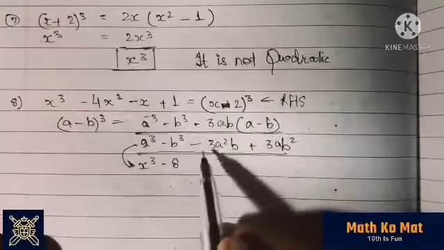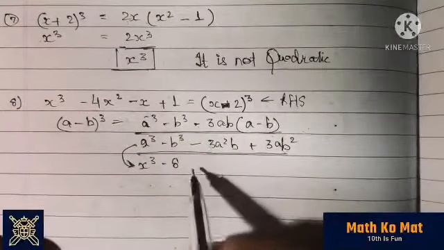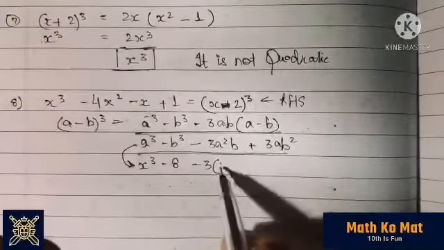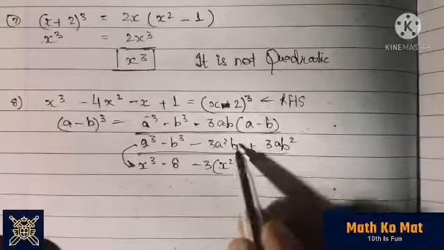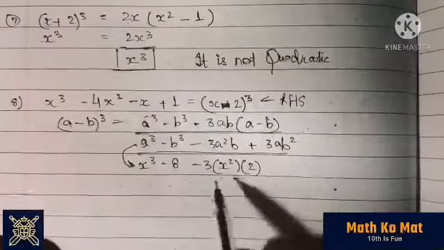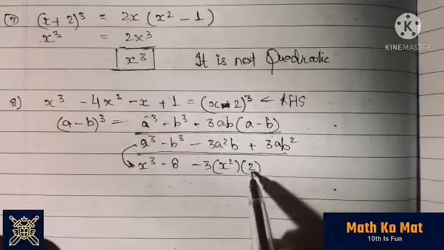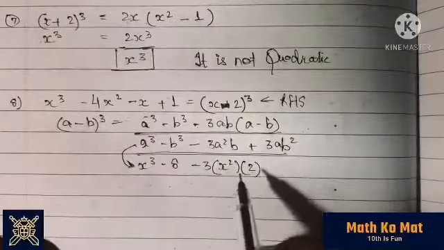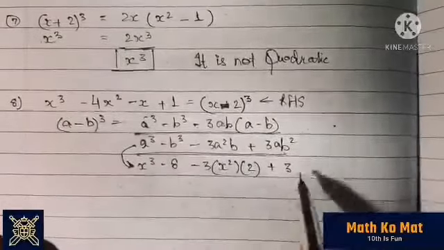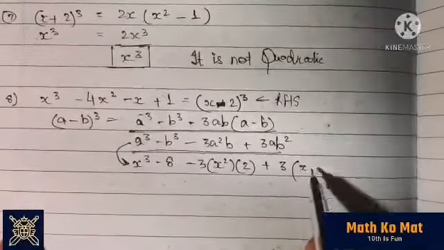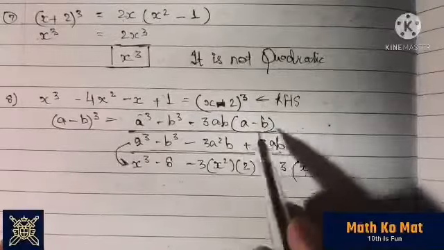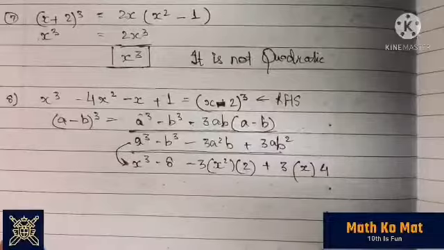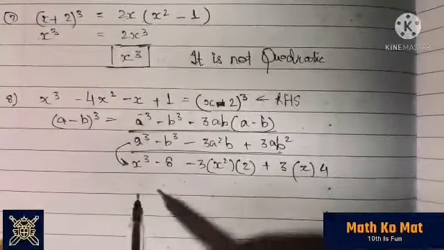And then you have minus 3 into a square, a here is x, so x square, and b's value is 2. So minus 3 into 2, that will give you minus 6x square. So we'll simplify it in the next step. And here you have plus 3 into a, which is x, and b square, b is 2, so 2 square is 4. So this into 4.